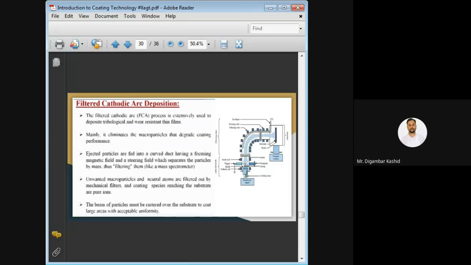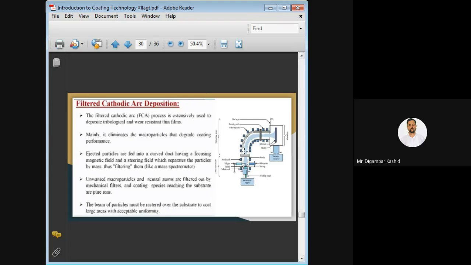There should not be a mixture of bigger particles, because if the particle size is bigger, it is very difficult to stick on the substrate material, and its surface area will be less. So there will be less adhesion between the coating material and the substrate material if the particle size is large. So here the ejected particles are fed into the curved duct.